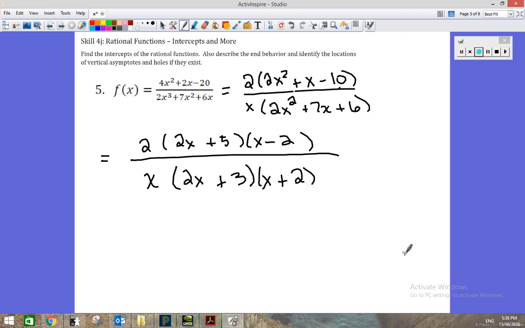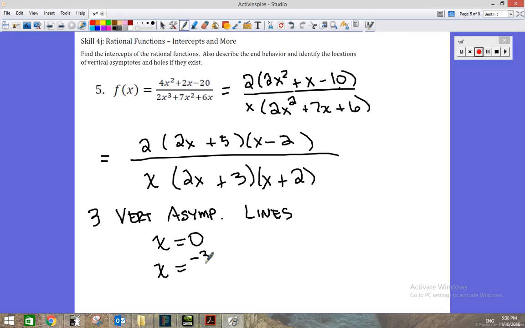Alright, so if I'm trying to find vertical asymptotes, I don't see any factors that cancel, so I'm going to have 3 vertical asymptotes. I've got the lines x equals 0 from this factor, x equals, 2 steps, subtract 3, divide by 2, x equals, subtract 2, 1 step. 3 vertical asymptotes.